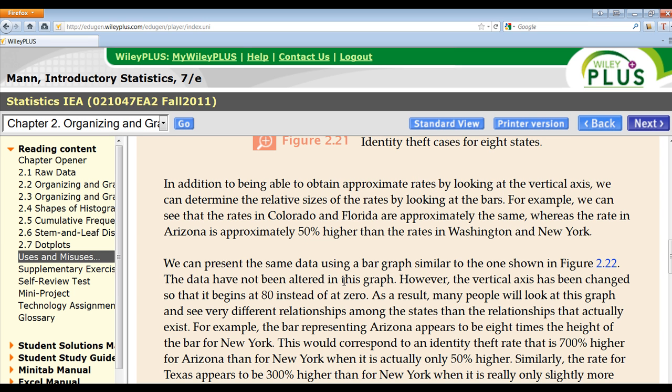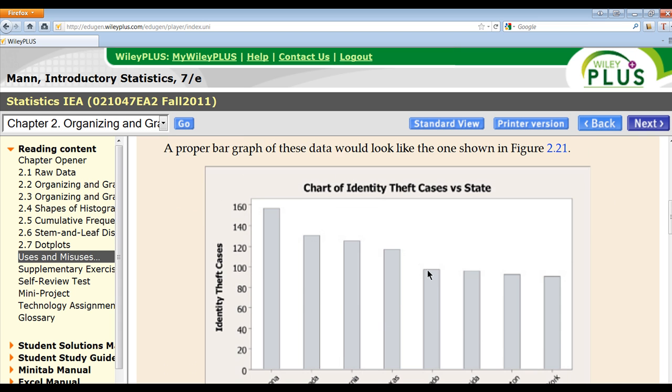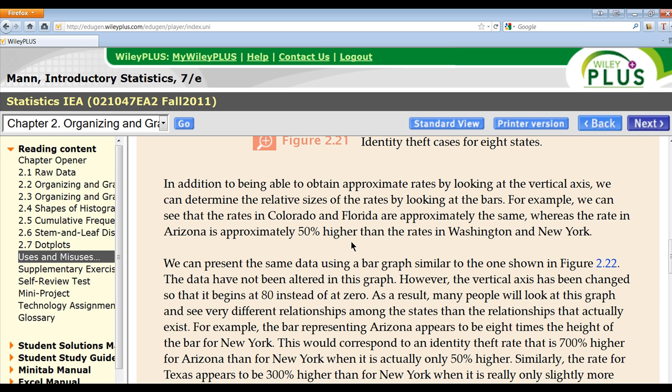For example, the rates in Colorado and Florida are approximately the same, whereas the rate in Arizona is approximately 50% higher than the rate in Washington and New York. Maybe it's close to double.